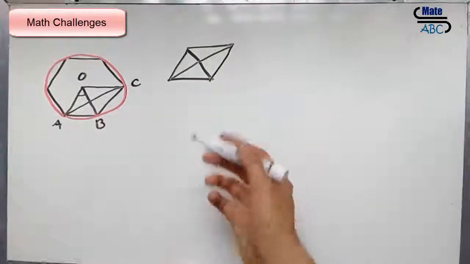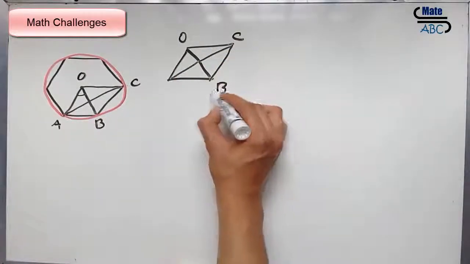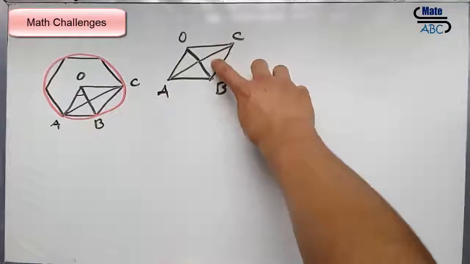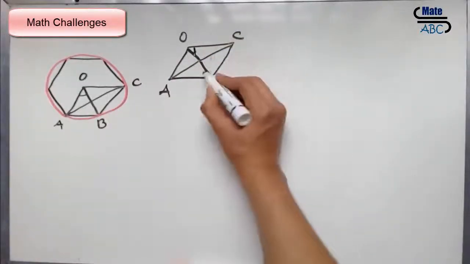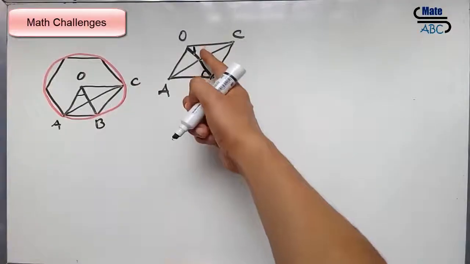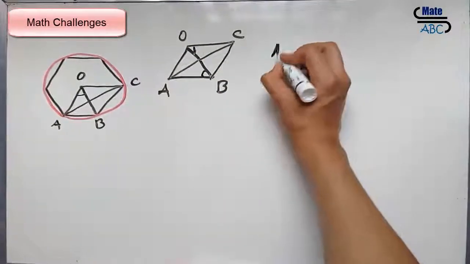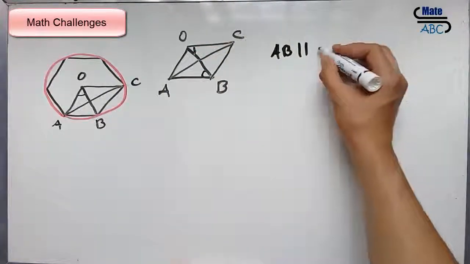We have a parallelogram OCBA because this is an equilateral triangle, and also this. We have that this angle equals to this because they are equal to 60 degrees. This means that AB is parallel to OC.